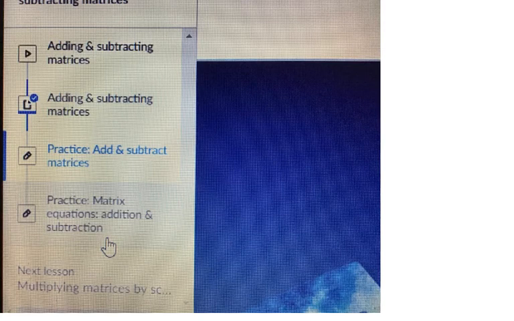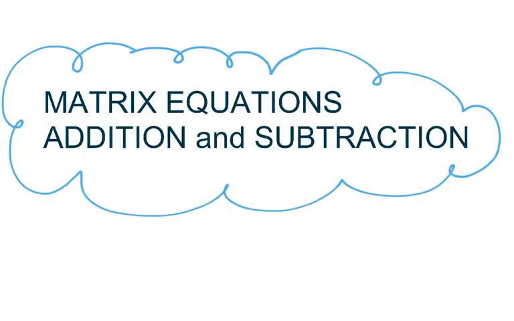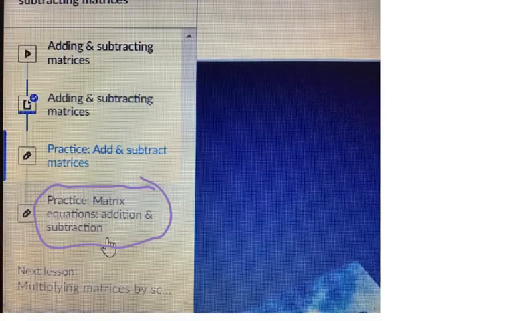So first of all guys, remember, if you can't find it on your assignment page, don't panic, just search it. Type in the title here, matrix equations, addition and subtraction. Heck, just type in matrix equations. You'll probably find it that way. Okay?